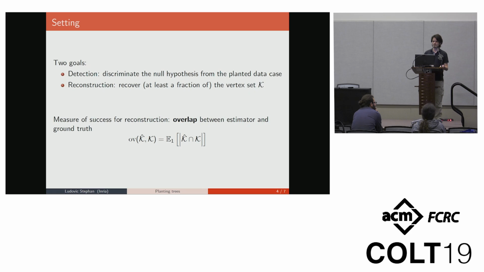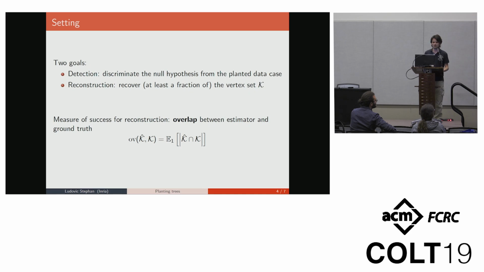This is usually, but not always, a harder problem than detection. Our measure of success for this is called the overlap. The overlap of an estimator is simply the expected value, under the alternative hypothesis, of the intersection between our estimator and the ground truth.